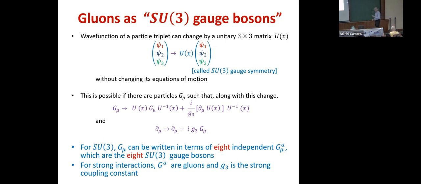And the reason for that is that the symmetry of quantum chromodynamics, the theory of strong interactions, is much richer than the electromagnetism that we have. That's the reason, to make the symmetry valid, we need 8 gluons. So G A are the 8 gluons, and g3 here is the strong coupling constant.